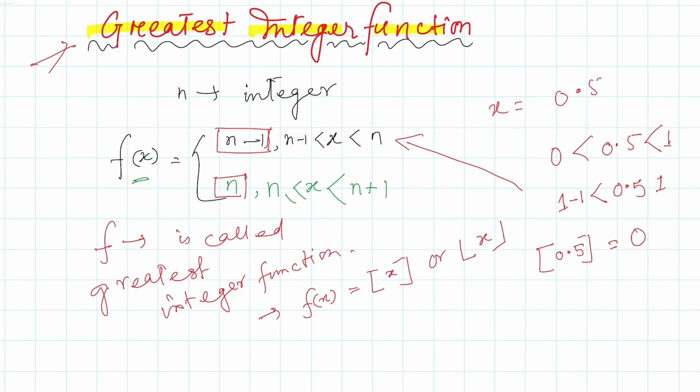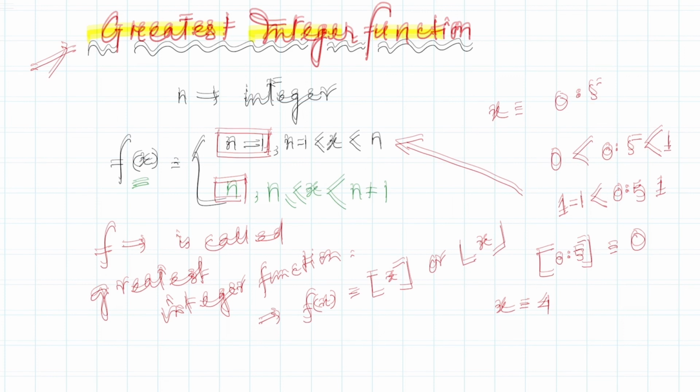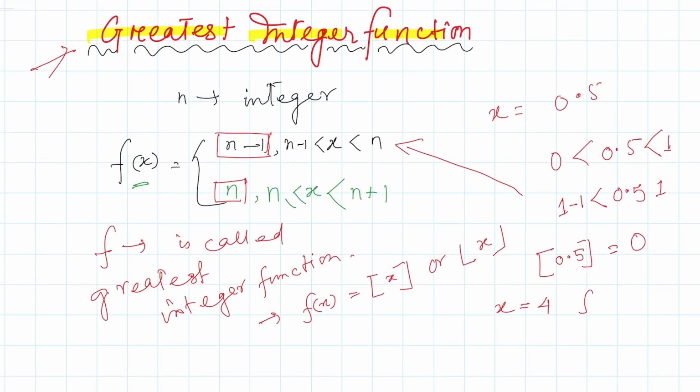Now you see, suppose we have x equal to 4. Then f of 4, this greatest integer function f of 4, will be equal to 4, because according to this definition you can see f of x is equal to n when x is greater than or equal to n and less than n plus 1.